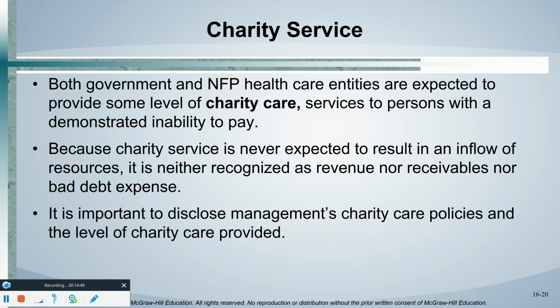Let's take a look at the first bullet point here. It says both government and not-for-profit healthcare entities. So let's talk about hospitals. They're expected to provide some level of charity care. Now, charity care is basically services to persons with a demonstrated inability to pay. Just because a patient comes in with an inability to pay, they're still going to be serviced.